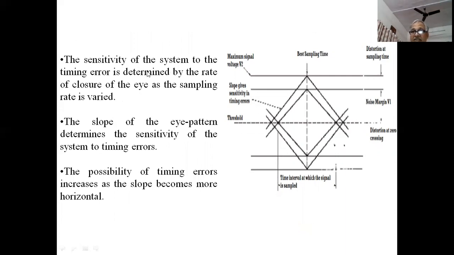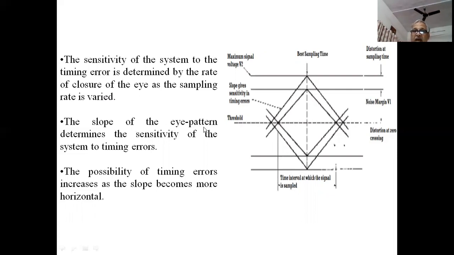The sensitivity of the system to timing error is determined by the rate of closure of the eye as the sampling time is varied. This is the sensitivity. The slope of this line gives the sensitivity to timing error.